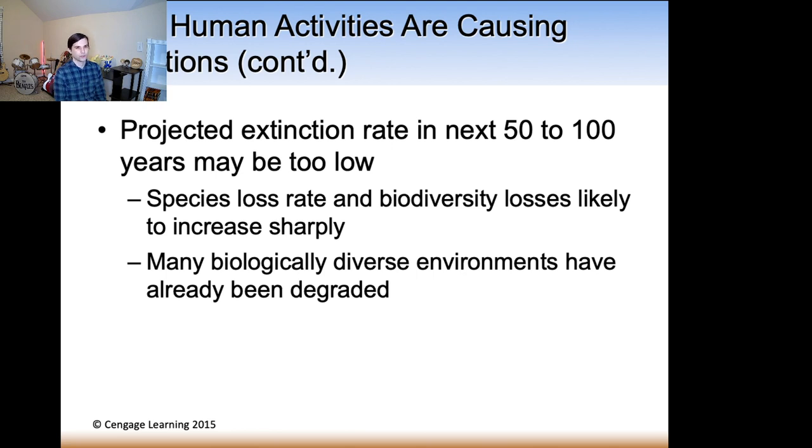Rivers like the Ganges River in India have been so damaged by human activities, ecological runoff and toxic waste, that even if we stopped dumping stuff like that into the environment right now, it would take hundreds of years and hundreds of thousands of dollars, if not more, to restore these environments back to the way they should be, if it's even possible at all.